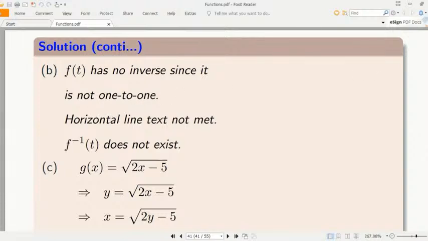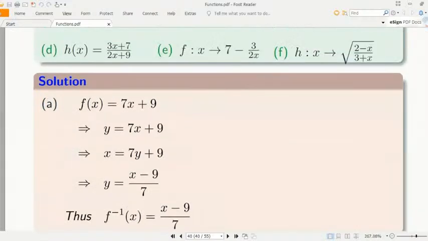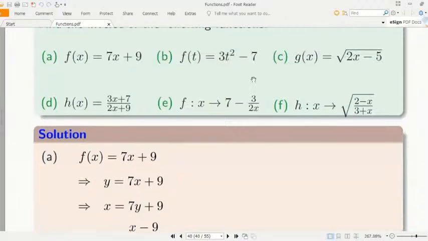Let's look at part 3. This one is one-to-one, since it gives different outputs.